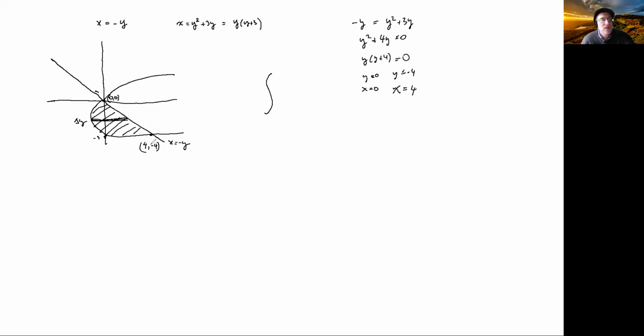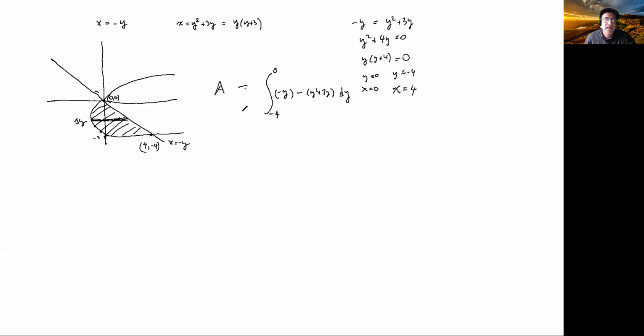So now the limits of integration with respect to y: y is going from minus 4 up to 0. What is the length of this horizontal strip that I drew? It's the difference between x equals minus y and x equals y squared plus 3y. We're integrating that difference with respect to y, so that's the area.